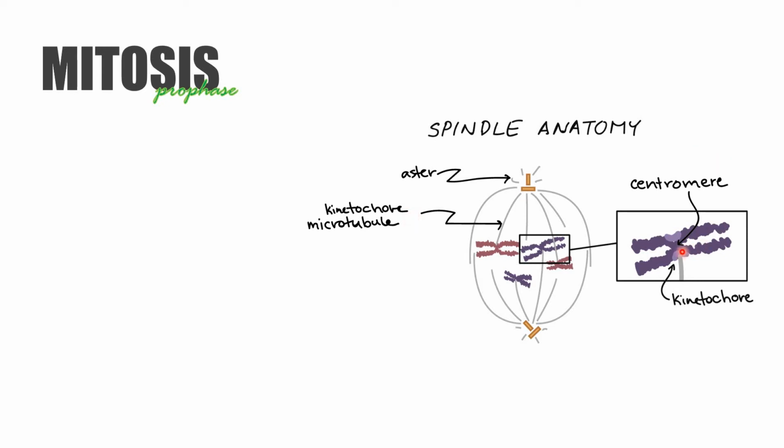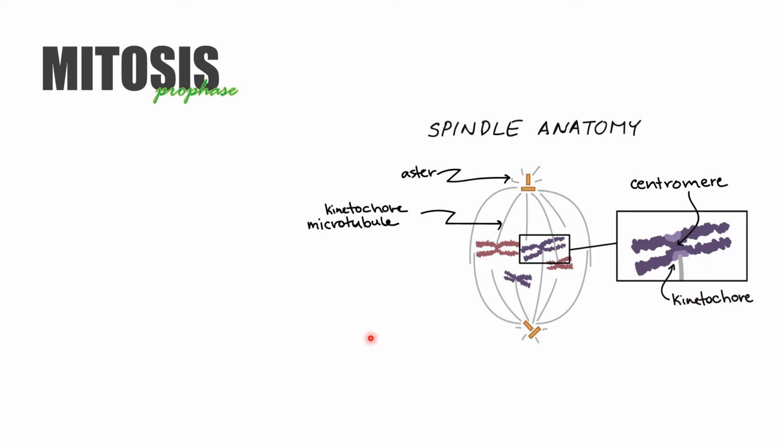Again, an area near the centromere, we find these kinetochore, areas near the centromere. If the microtubule or the spindle fiber is attached to it, you call that a kinetochore microtubule. Okay? And those kinetochore microtubules are also spindle fibers. Okay? It's just that they are connected to the kinetochore.